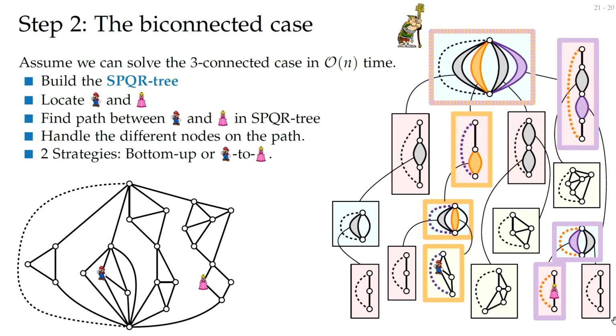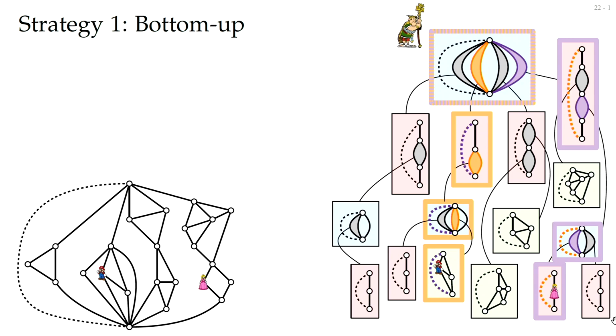So going bottom up is basically the rooted version, and walking from one to the other is like the unrooted version where you just walk along the tree. Again, both have their advantages and disadvantages. And then there's also two ways that we construct the whole thing. We can either do it in 2 steps or we can do it in 1. So I will show you, there are basically 4 algorithms. I will show you 2, bottom up, do it in 2 steps, or walk along and do it in 1.